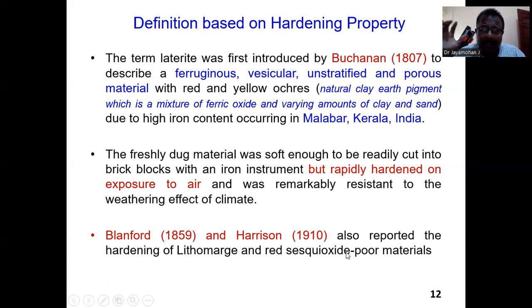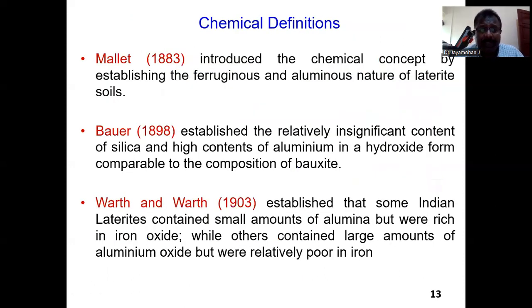Sesquioxide means an element combined with oxygen in the ratio of 2:3, that is, 2 parts of the parent element with 3 parts of oxygen. These are known by the term sesquioxide, right?